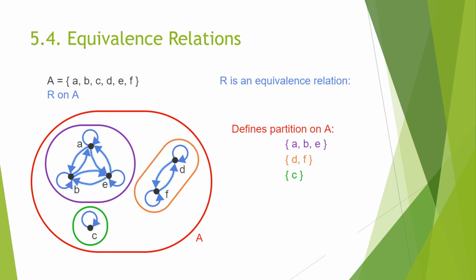If you find out the equivalence classes of a, b, and e, all of the equivalence classes that I mentioned for a, b, and e are equal to the first set in the partition. All the equivalence classes associated to d and f are equal to this set, the second element in the partition. And the equivalence class of c is only this set.